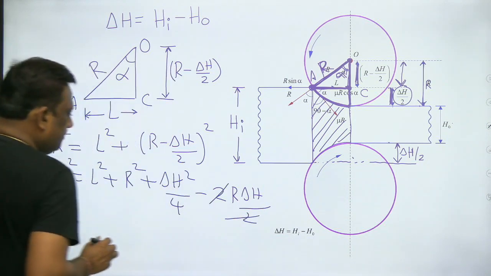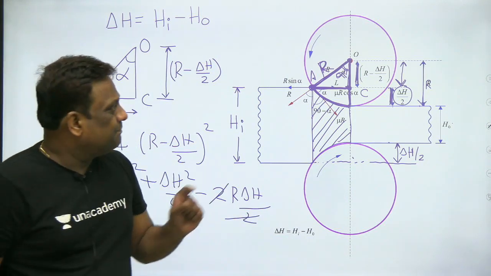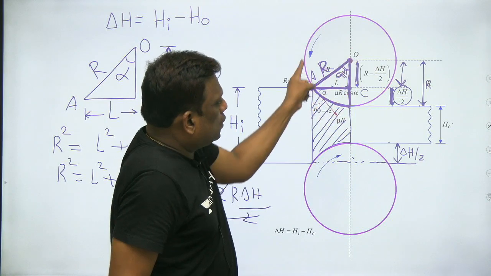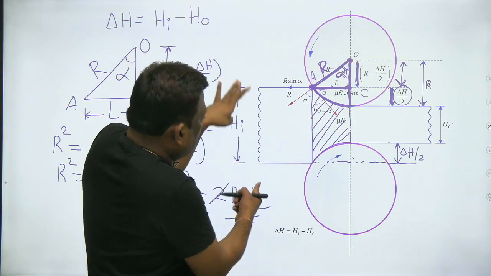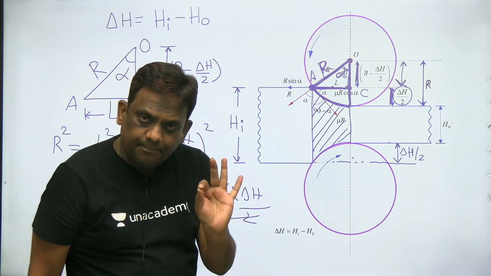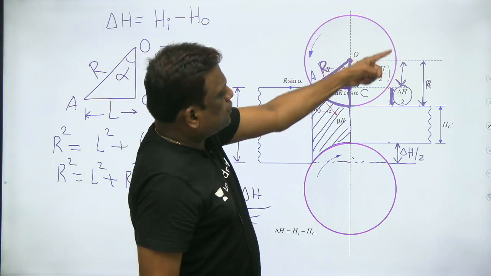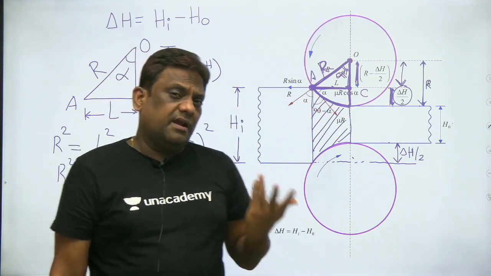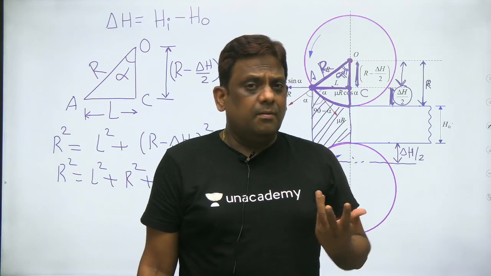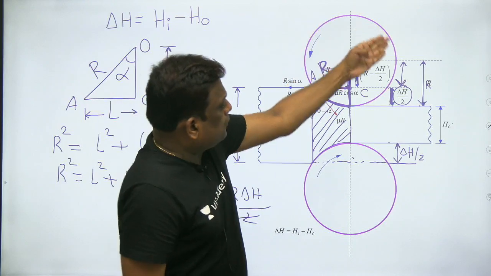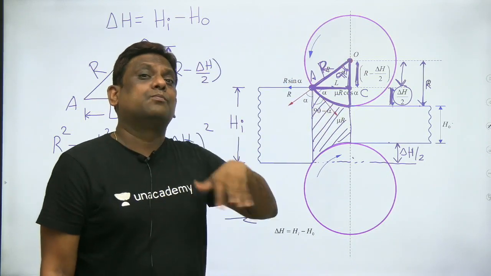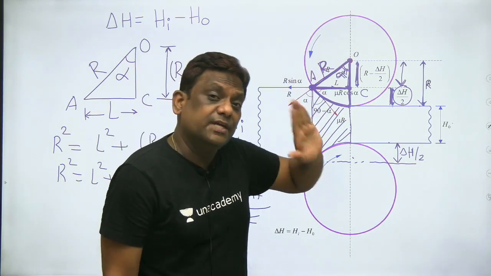Okay, no problem. My dear students, the radius of the roll is very large in comparison to the thickness of the workpiece. I repeat, the roll radius is very large, maybe 300 mm, maybe 400 mm, maybe 600 mm, whatever it may be. But the thicknesses are very small in comparison to the radius of the roll.